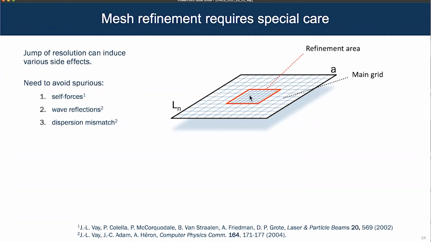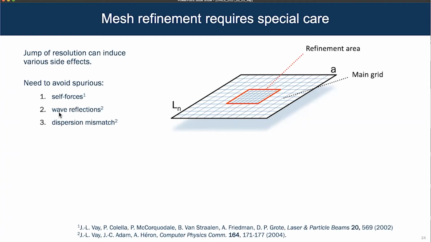So mesh refinement means that there's a jump of resolution from, say, a refinement area here in the center of the grid and the main grid here. And things that could happen, because you break the symmetry with the jump in resolution: for a particle that comes here close to this boundary between the two resolutions, you can see some spurious self-forces that arise.